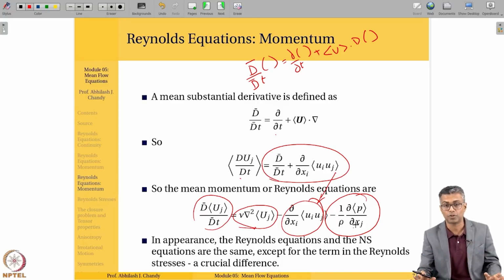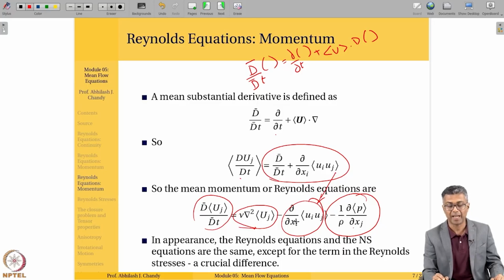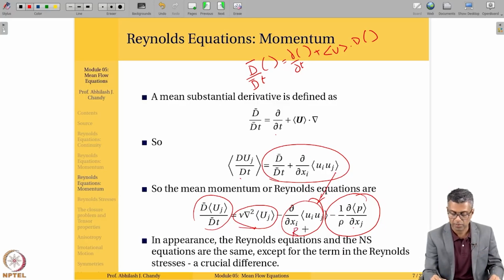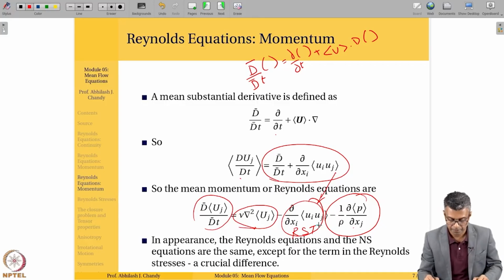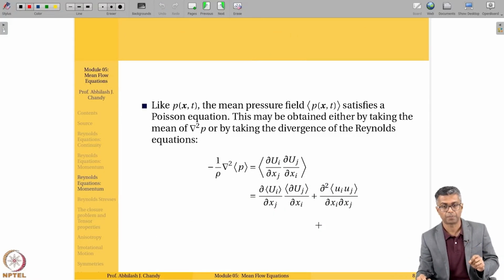All that is very similar to the original momentum equation. And then you have a Reynolds stresses term. The only difference between this Reynolds equation and the Navier-Stokes equations is the presence of this Reynolds stress term, RST. And that is a big difference.